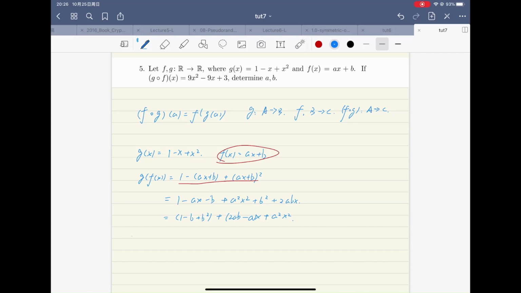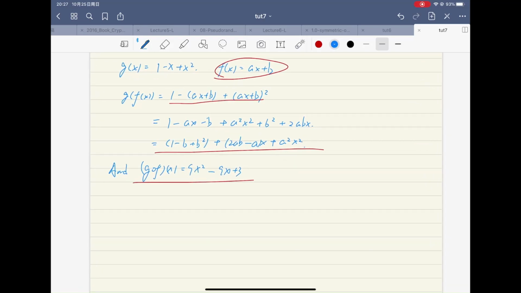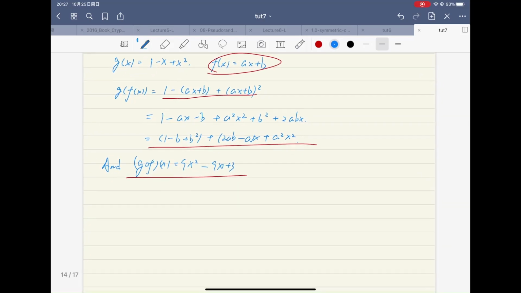And we also have g composite f(x) equals 9x squared minus 9x plus 3. So by comparing the coefficients in these two equations, we can have three equations.